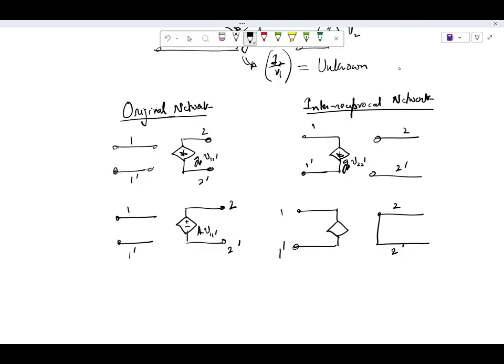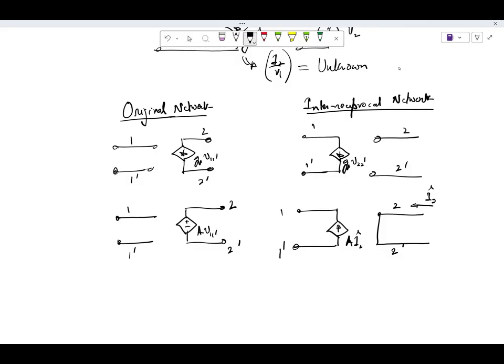So this is A times, if this input current is I2 hat, this is A times I2 hat. And what will be the direction of current? Going up or going down in the control source? Going up, right?